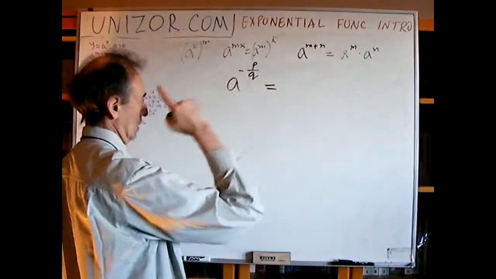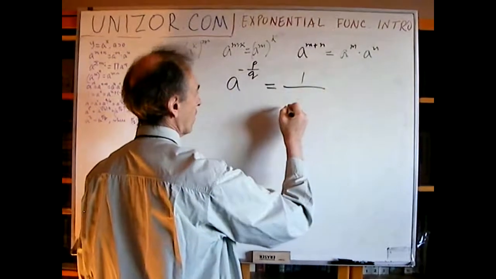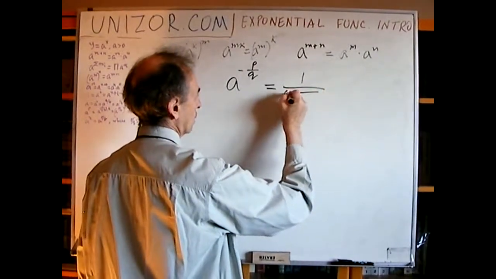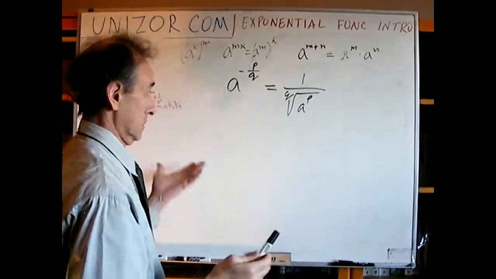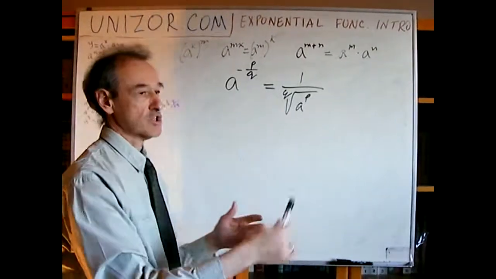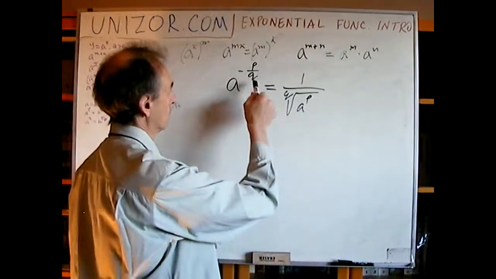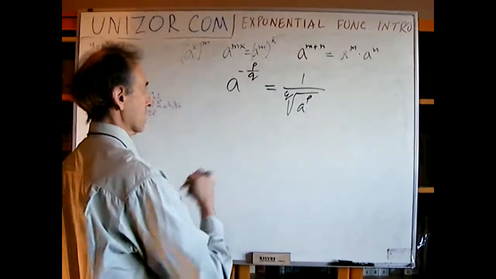negative rational power exponent as 1 over the q's root of a to the power of p. That's it. It's a definition which I have derived from everything which I've had before. I can do it in 2 steps actually.